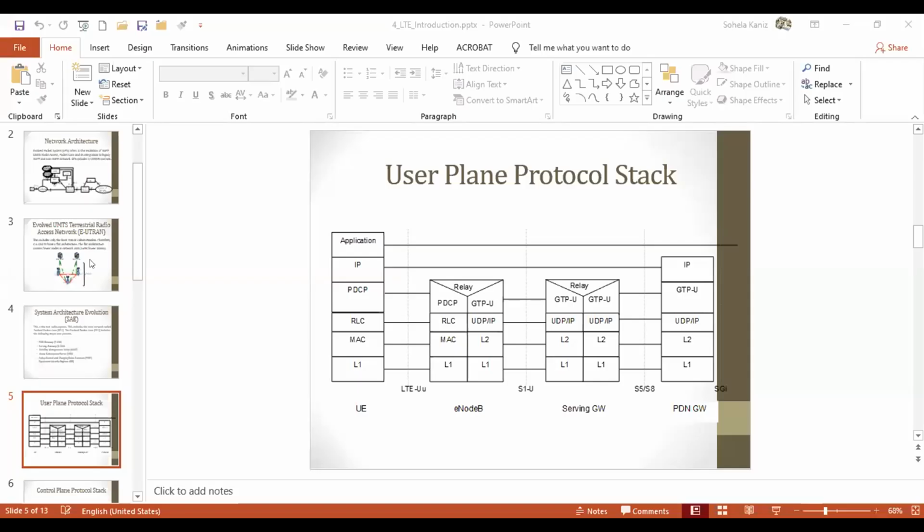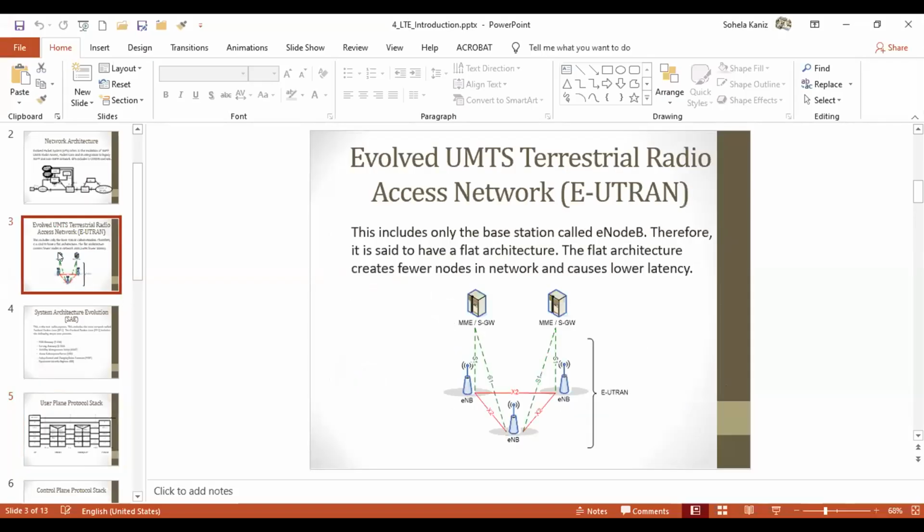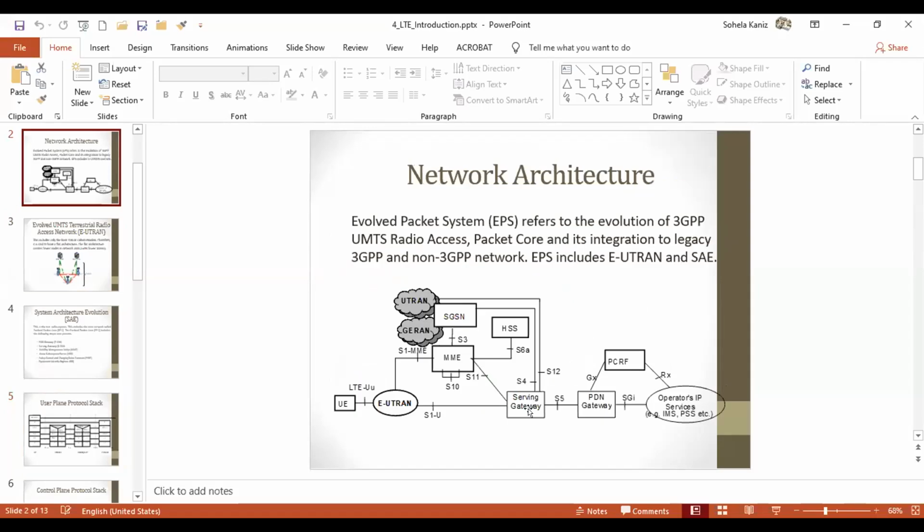Usually for a particular technology, you define the bottom layers, like layer 1, layer 2. You have some technologies defined there, and for other layers, you may keep the same as you have in the OSI model already. Like we spoke of the user data that you forward through the serving gateway, the router.